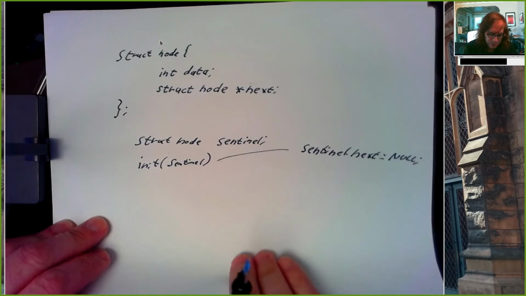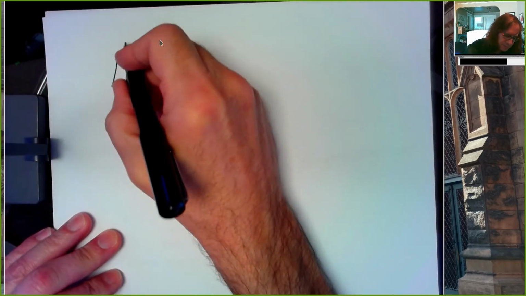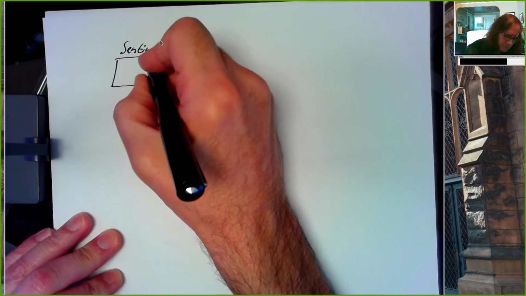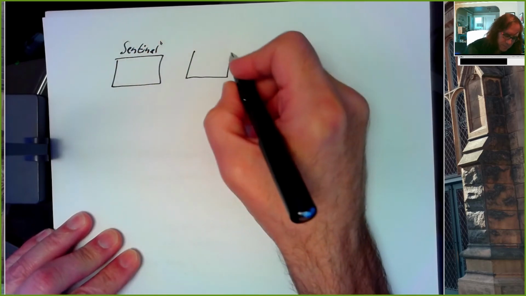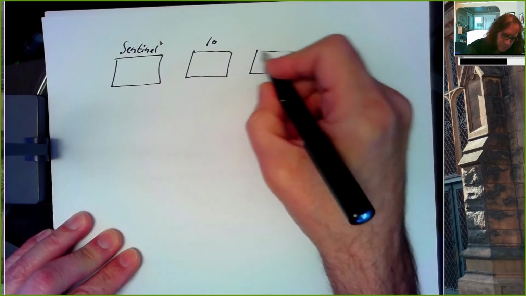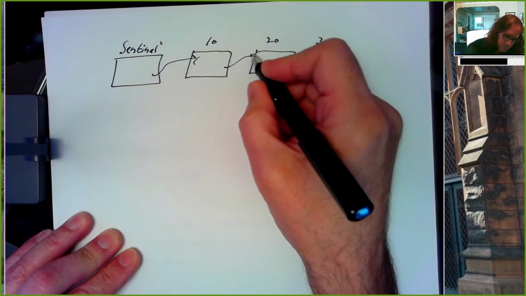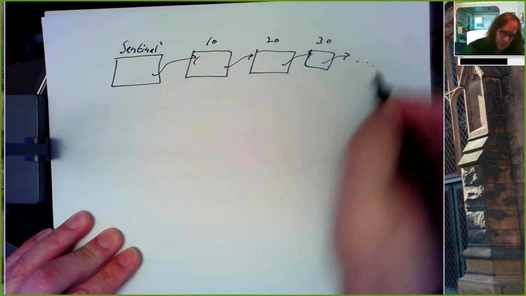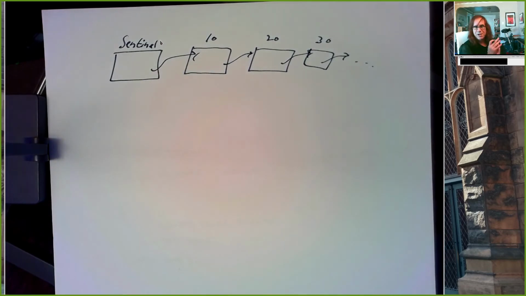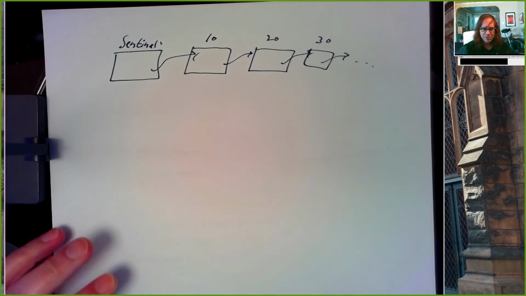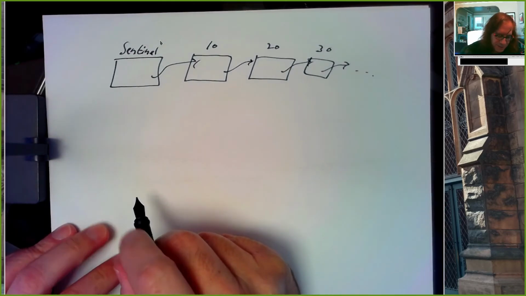So let's suppose we have a list like this, and we want to move down the list. We always have to do this when we're adding or deleting or printing. So how would we print the contents of this linked list?